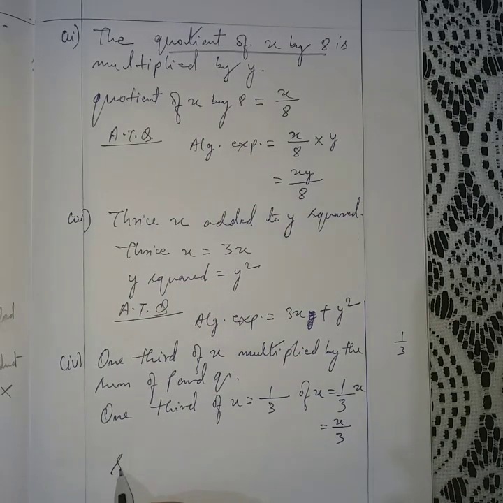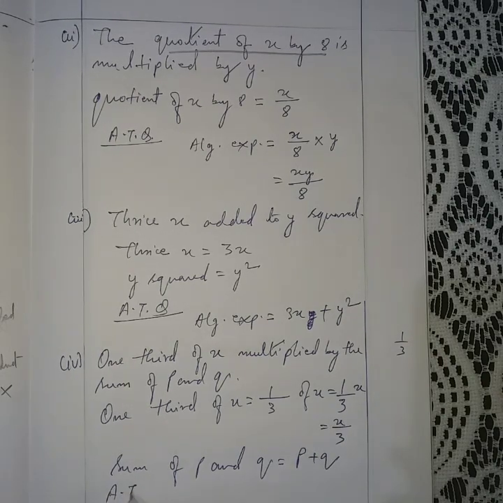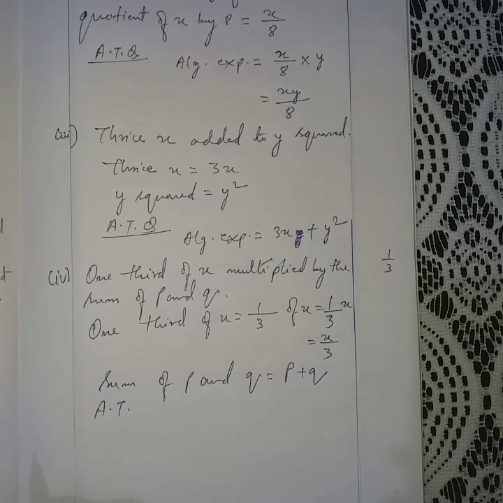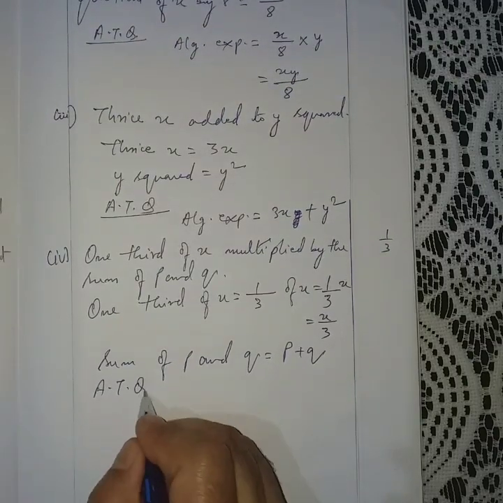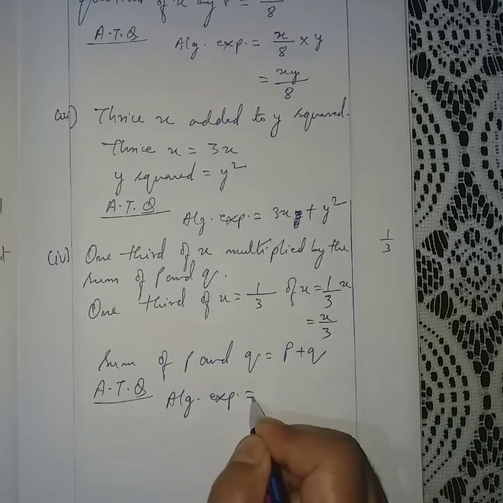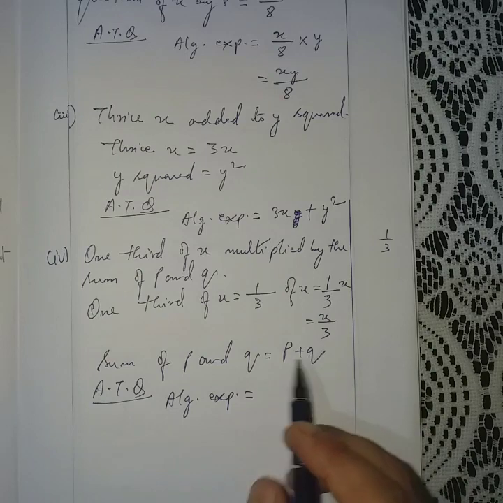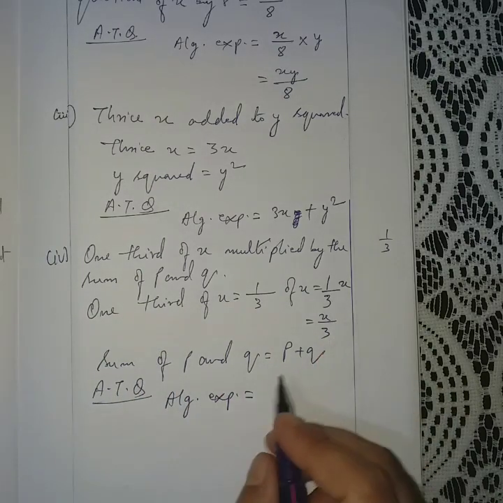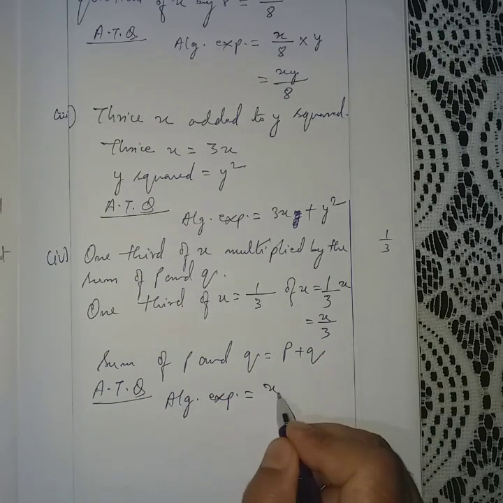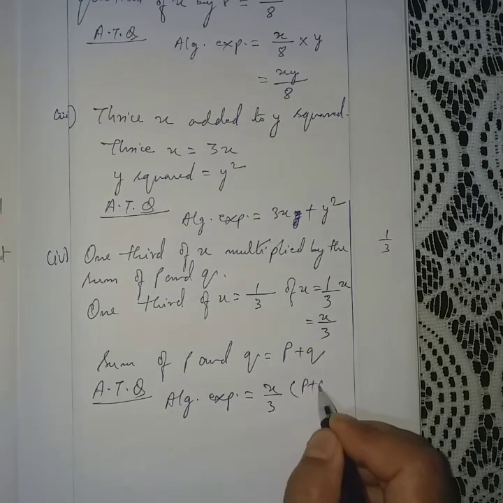Sum of p and q can be written as p plus q. So according to the question, the algebraic expression will be equal to 1/3 of x multiplied by the sum of these: x by 3 multiplied by p plus q.